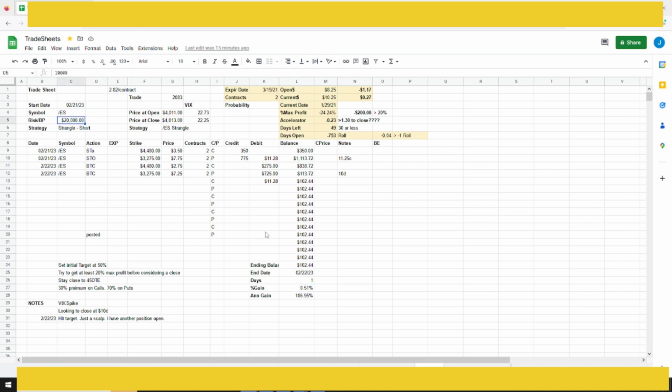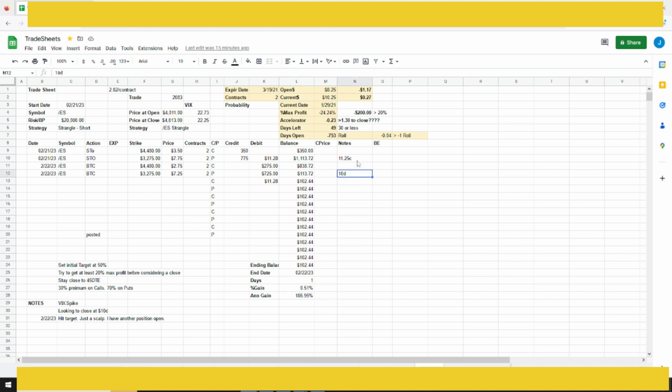It was a fairly high probability trade just because, again, I expected the VIX to pull back. It's 186% annualized because I was only in it today, which sounds great. But overall, it was a good trade. It's a way I do scalp the ES when I get VIX spikes. I'm very picky on those, and I really try to watch for them. I try to get in and out fast.